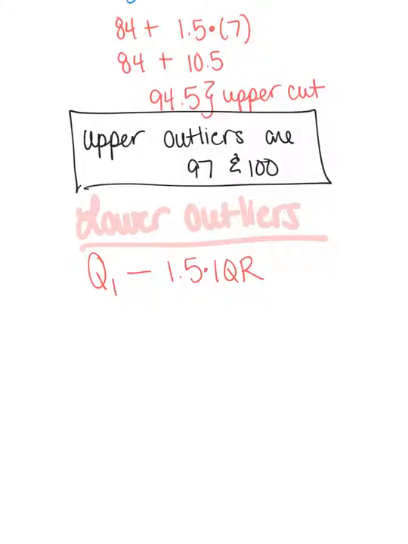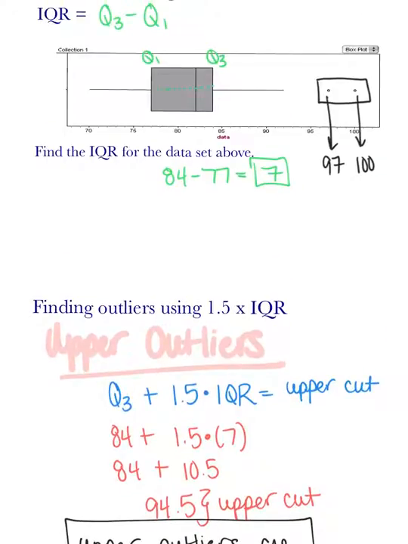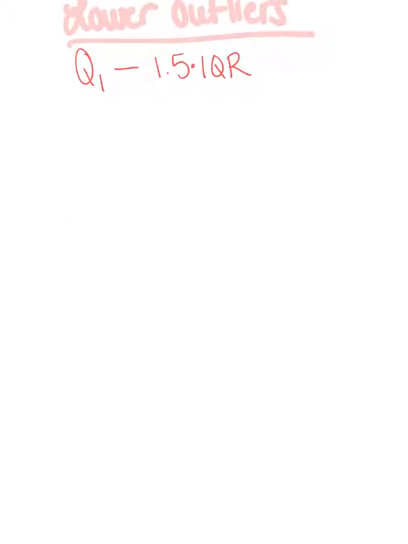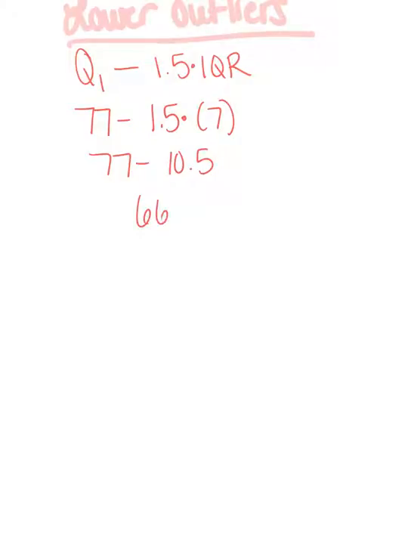So what did we see was quartile 1 in my data? I believe it was 77. Yeah, 77. So 77 minus the 1.5 times IQR, which was 7. When I multiply those, I get 10.5. And now when I subtract, I get 66.5.